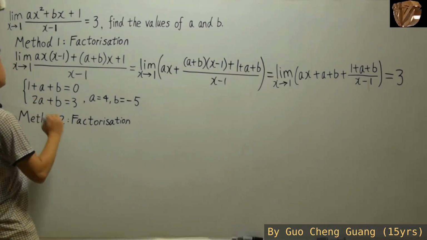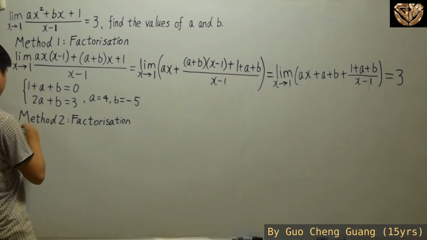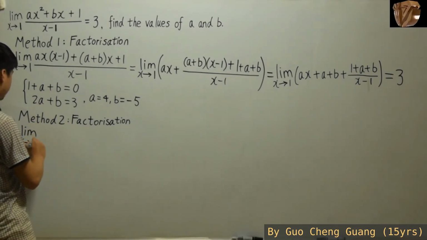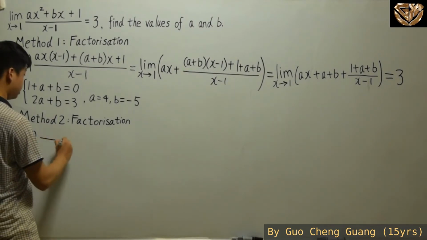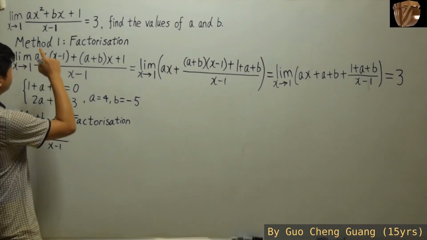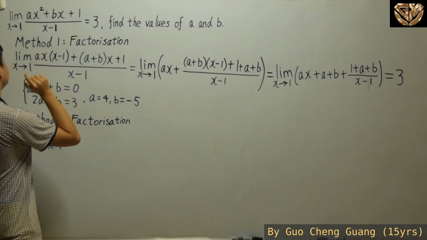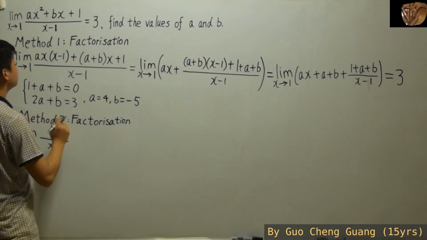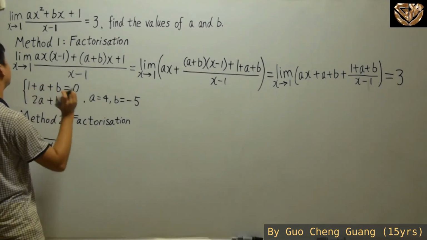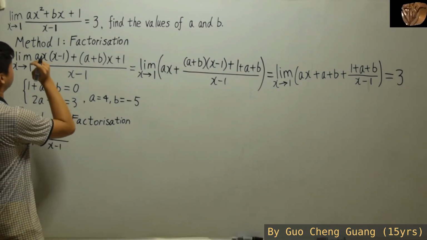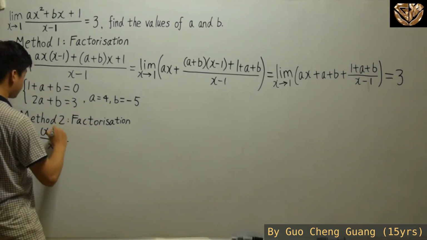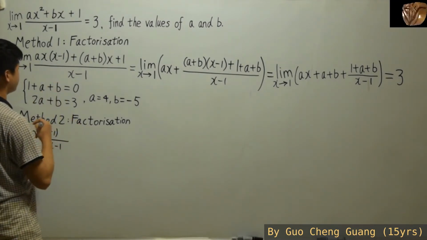So what's so special about this factorization and the previous factorization? The previous factorization is a more generic version, but in this method of factorization, you already know the original limit you're given has something over x minus 1. So in order to get a constant 3, there has to be something that can be simplified from the numerator to cancel out with this x minus 1 in the denominator, which means there will be x minus 1 in the numerator.